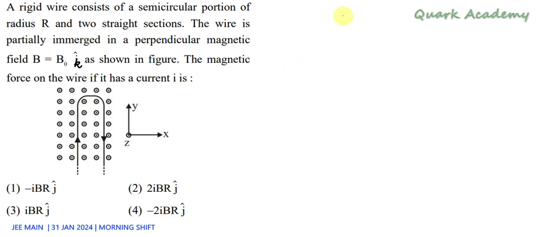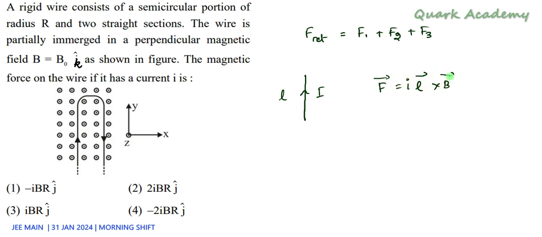So we can say that the net magnetic force is due to three parts: two straight sections and one semicircular section. Let's consider the straight section, maybe this one. It has current I, and let's consider the length is L. Here the force can be written as F equal to I L cross B. How do we write this L vector?